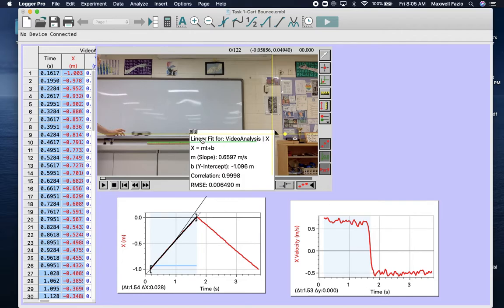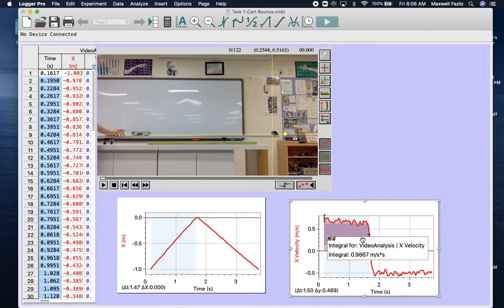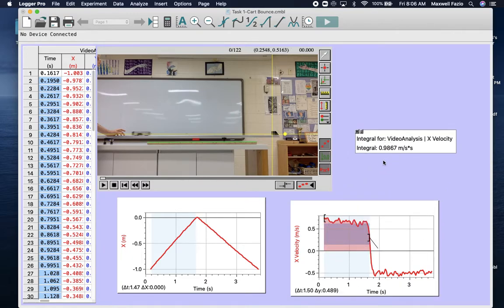Okay, for part F, we are supposed to find the displacement of the cart from when it first leaves the hand until the spring touches the barrier. To find the displacement of the cart, we want to take the area. We're using the v versus t graph, so we need to take its area. We can do that by highlighting there and clicking here. That gives us the area underneath the v versus t graph from the first moment in time until it hits the barrier.